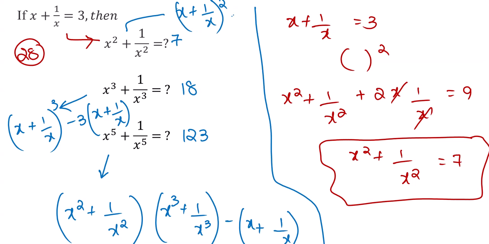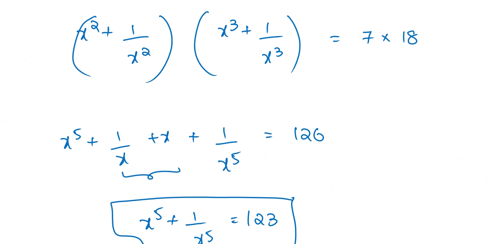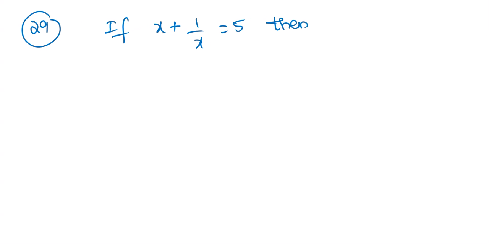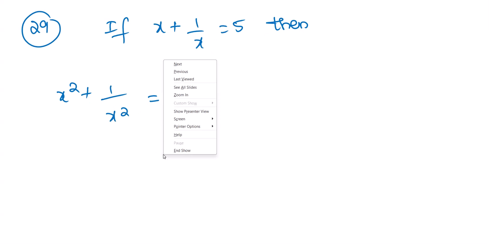So whenever they ask, x plus 1 by x is something, I just want to test you people. If the question is given, if x plus 1 by x equal to 5, then as per our analysis, x square plus 1 by x square value must be equal to 23.